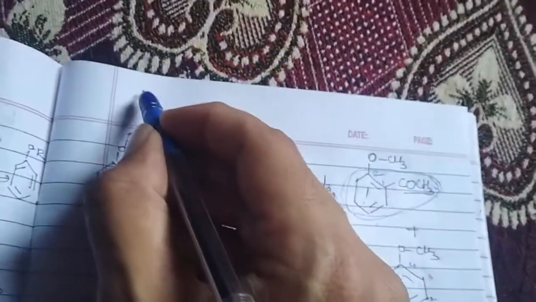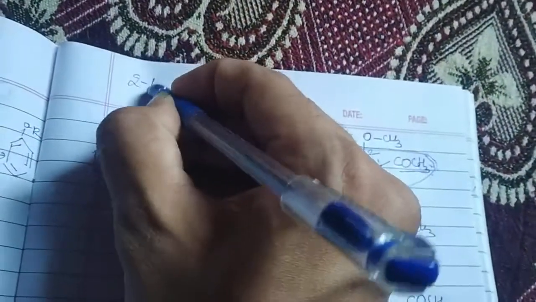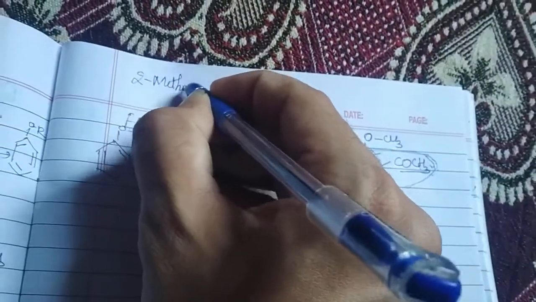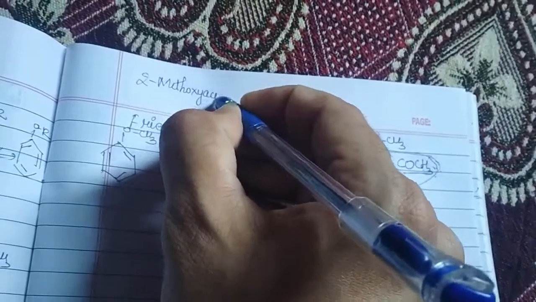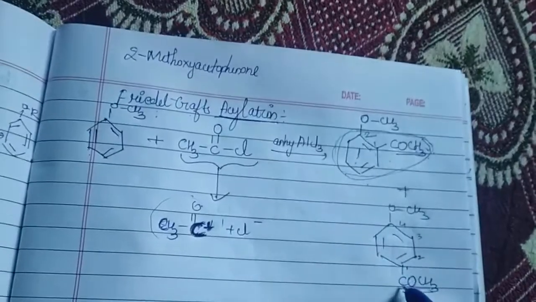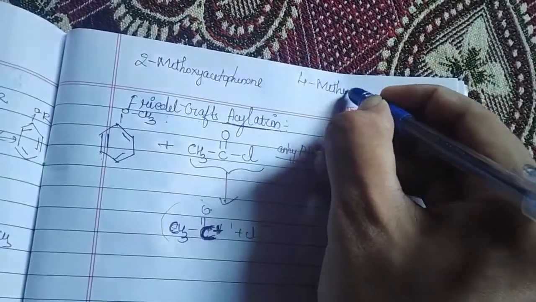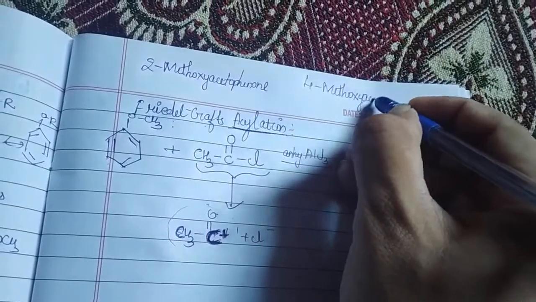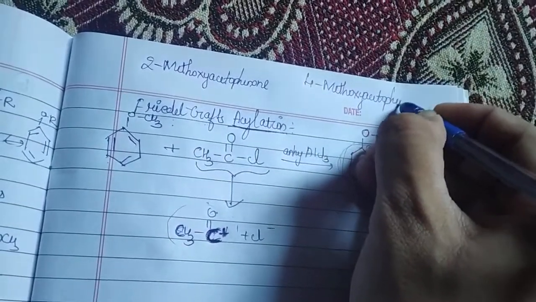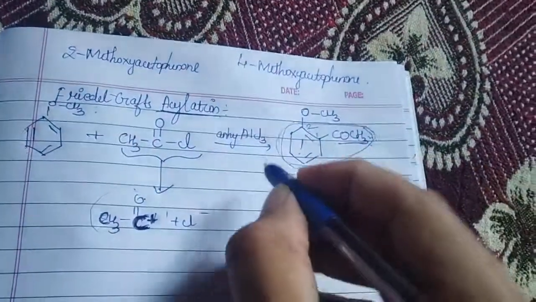I'll just write it over here so that you will know its spellings. 2-methoxyacetophenone. Acetophenone. And this one is your 4-methoxyacetophenone. Okay.